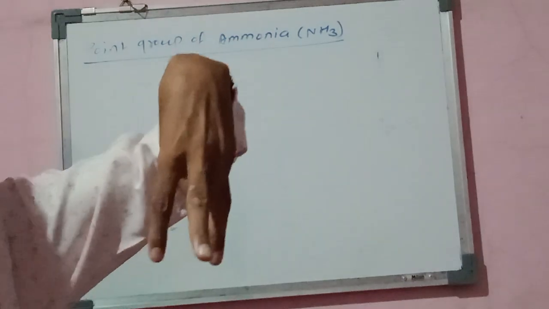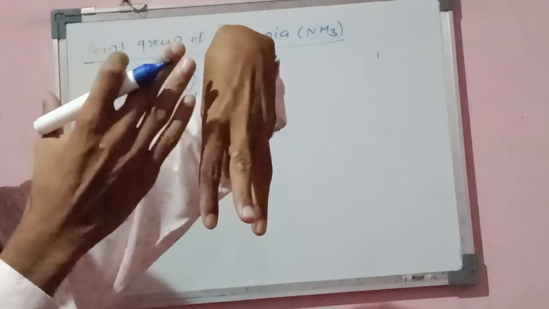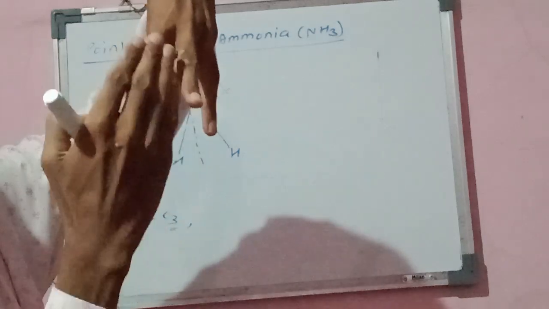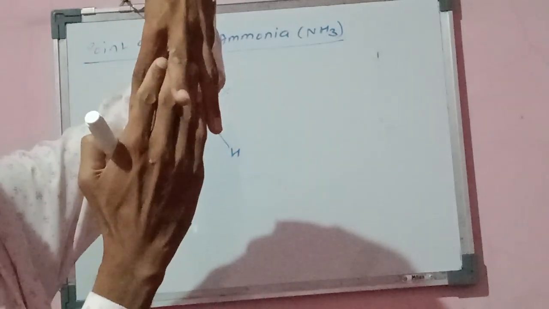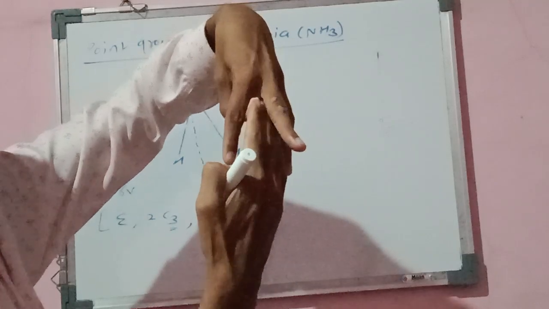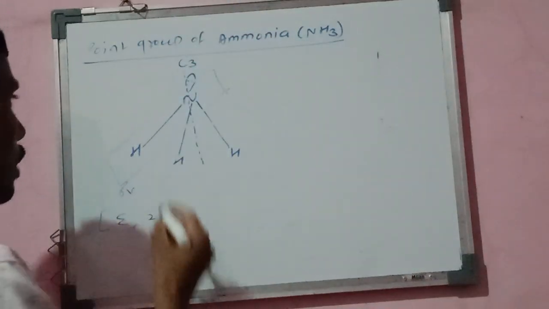In the same way, we can pass the plane through this NH bond or through this NH bond. If we pass the plane, suppose this is the plane, then these NH and NH bonds are at equal distance, means they are mirror images. Okay, we will get two equal parts.